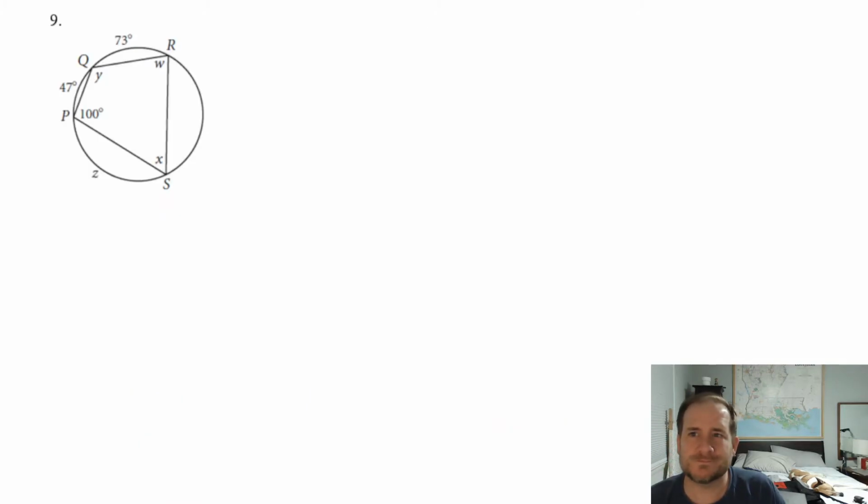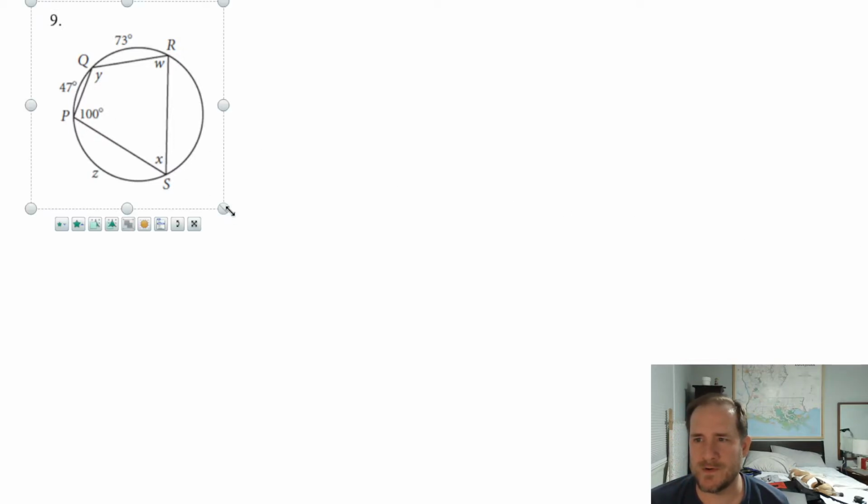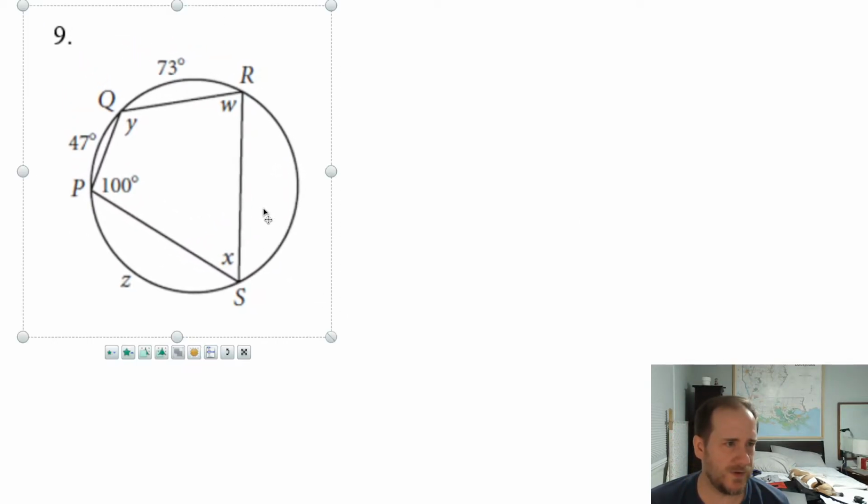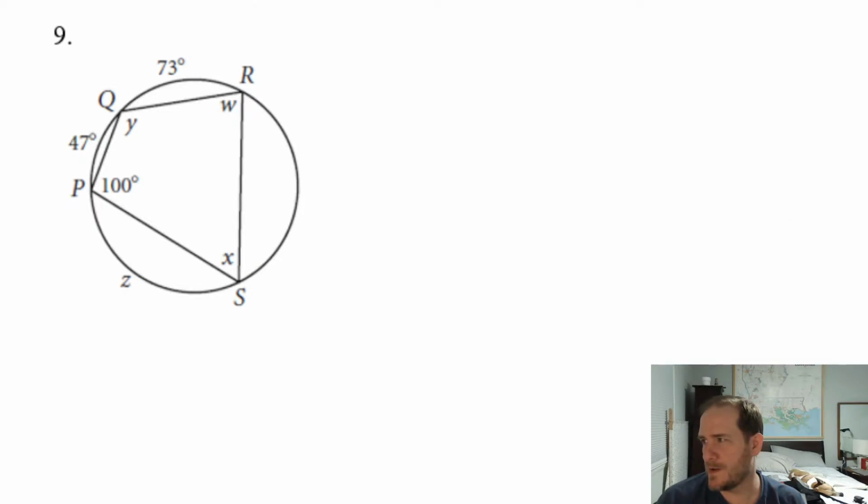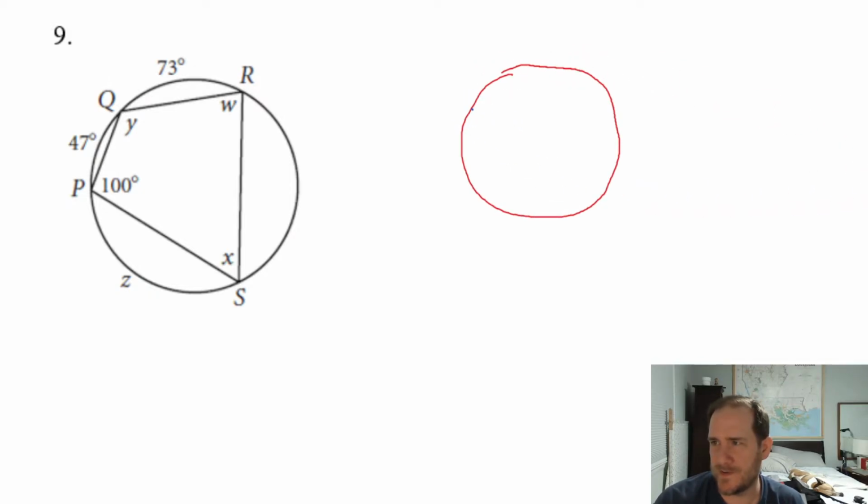Number 9. This is one of those rules that I haven't talked about a bunch, and maybe we don't need it here anyway, but there's one rule that makes this super easy. Anytime you've got a circle that has a quadrilateral inside of it, if that quadrilateral has all of its vertices on the circle, then both pairs of opposite angles will have to be supplementary.